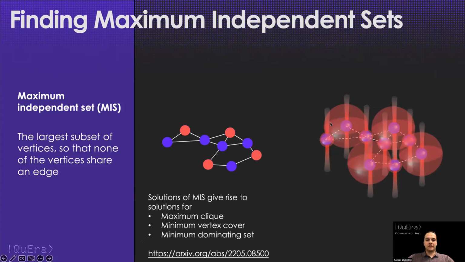The minimum vertex cover problem, which is the set of nodes complementary to the maximum independent set, and the minimum dominating set. Here I'm showing you the minimum vertex cover on that same graph, which is obtained by first obtaining the MIS and then taking the complementary nodes.